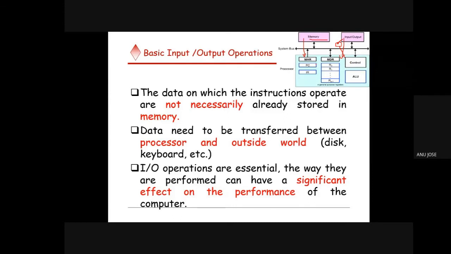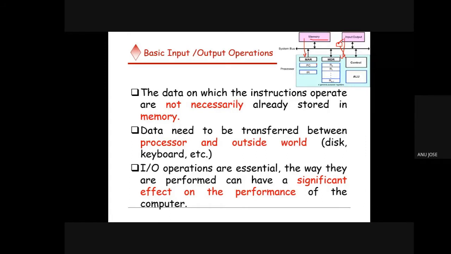So that was the overview I gave you. We will discuss in a little more detail this operation, what all the registers involved in it are, and how that is happening. That is what we'll be discussing in today's session.